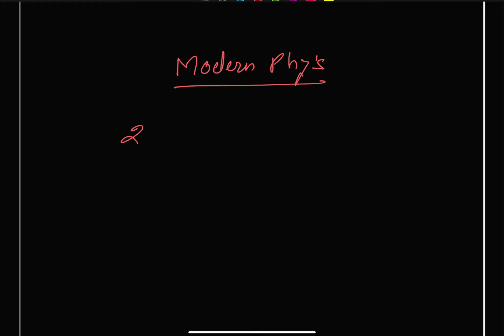Hello friends, so today we are going to solve questions from modern physics, and these questions are from the year 2019, and today we are going to solve 10 questions, and all these 10 questions are from the mains.